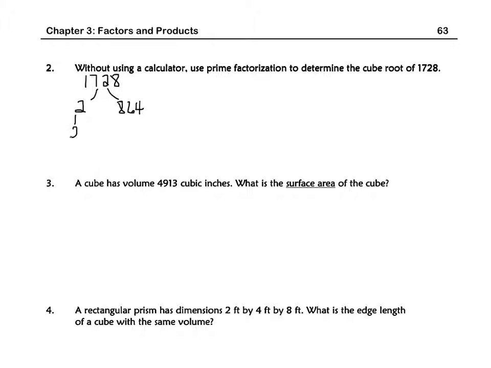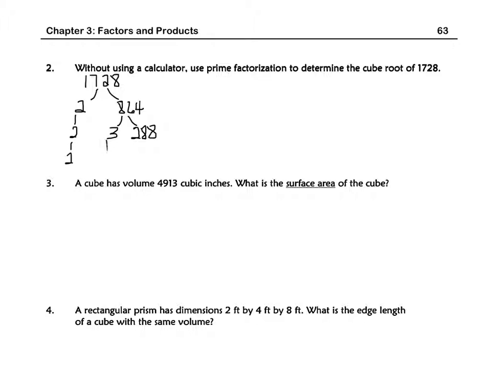And then the 2 can come down, and 864 would be divisible by 2 or 3, because 8, 6, and 4 add up to 18, so let's go with 3. 3 goes into 8 twice with 2 left over, so it goes into 26 8 times with 2 left over, and goes into 24 8 times.